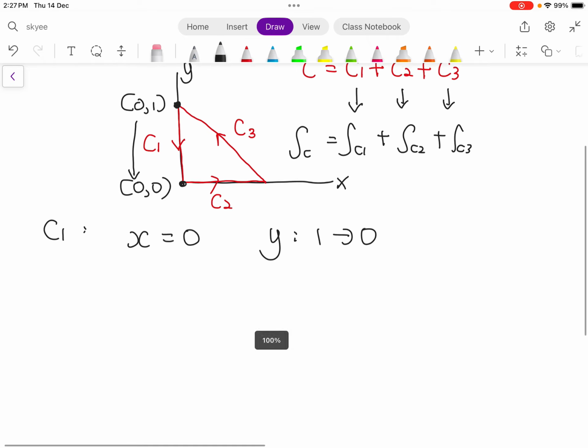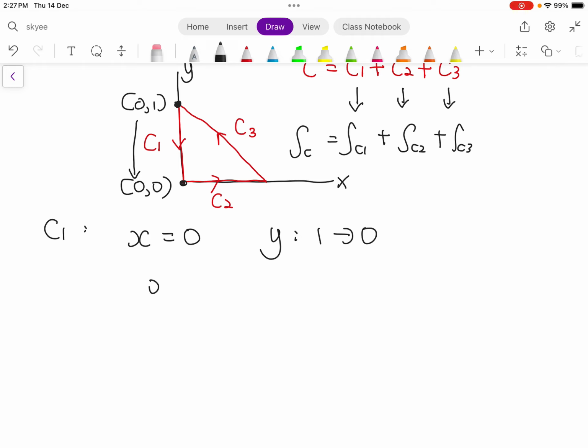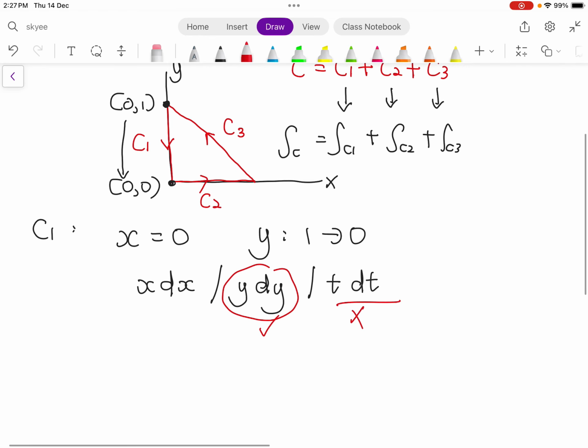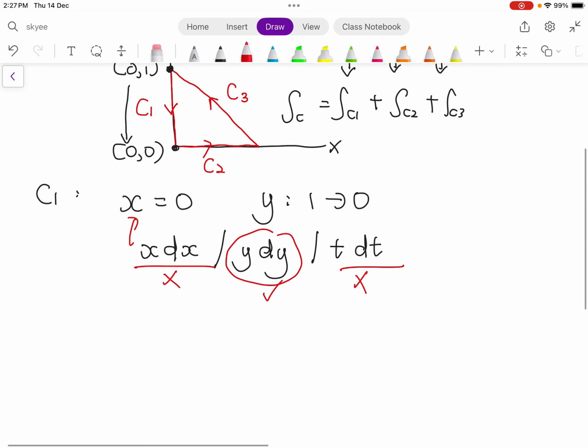Now you have to decide whether you want to convert the whole line integral to x dx, y dy, or t dt. Personally I will choose y dy because it is easier. I don't pick x because x remains 0, so I won't convert it to x. I'll pick the second option.